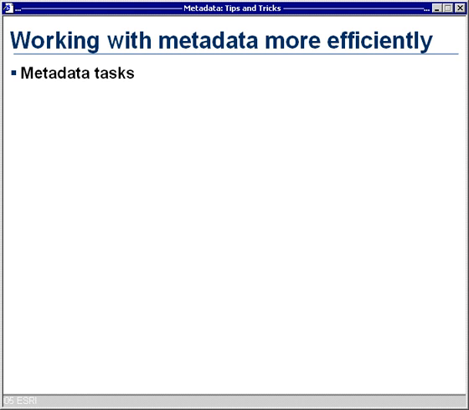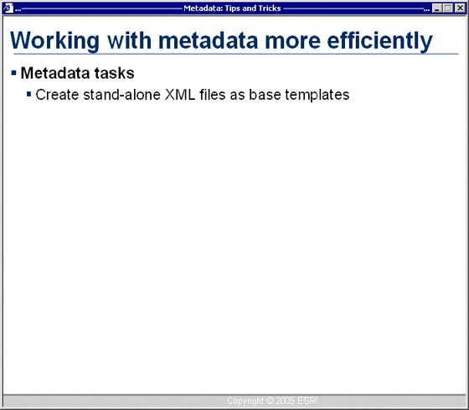Well, what if you've wondered if there were ways that you could perform some of these tasks differently, maybe in the sense of being more quick than you've learned so far? For example, instead of creating a text file as your base template, might it be more convenient for you to create that file in ArcCatalog?